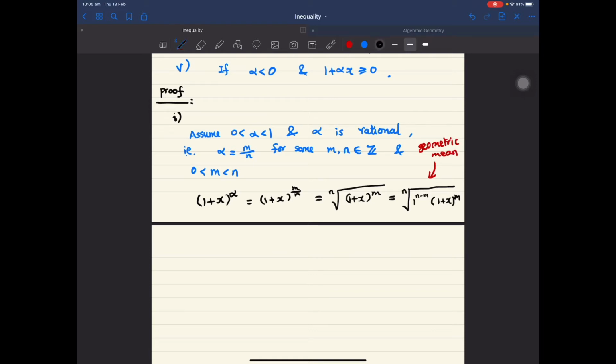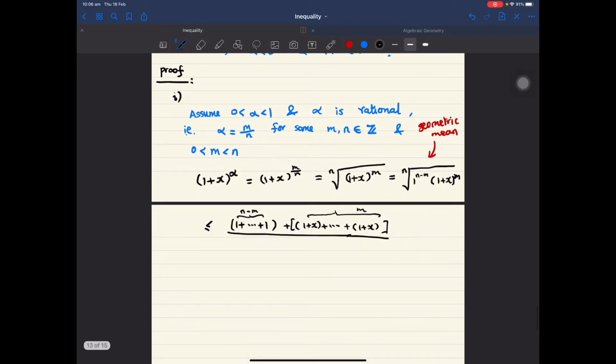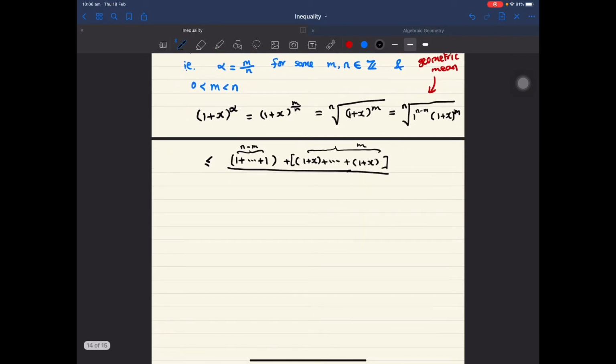Like what we showed previously, we know that the geometric mean is always less than or equal to the arithmetic mean, so we get 1 plus 1, that is n minus m copies, plus (1 plus x), m copies, over n.